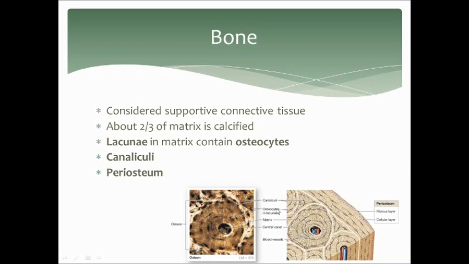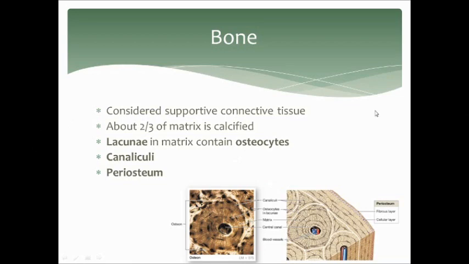You would see these concentric circles, and the entire concentric circle structure is known as an osteon. So within the osteon, you have a ton of osteocytes, little bone cells, connected via canaliculi. And right in the center of the osteon is a central canal with blood vessels to supply the entire osteon.